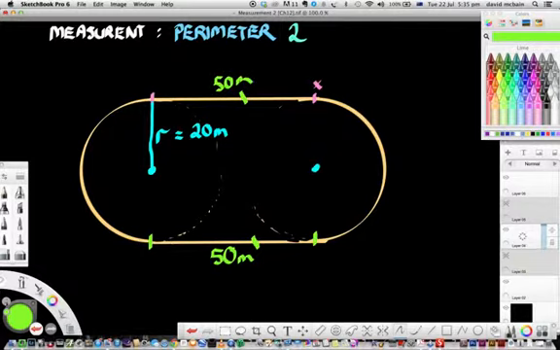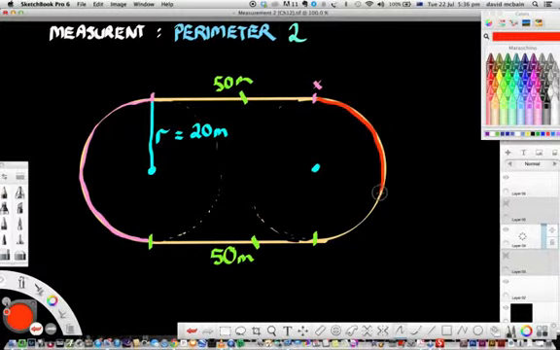So that straight edge is 50 meters, this straight length is 50 meters. The part that we need to work out is the curved bit, which is around there, and the other curved bit, which is around here.